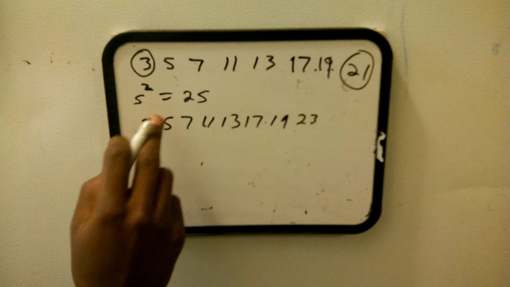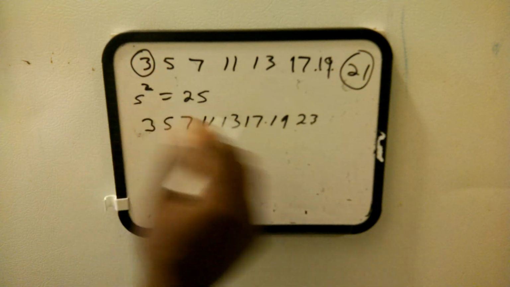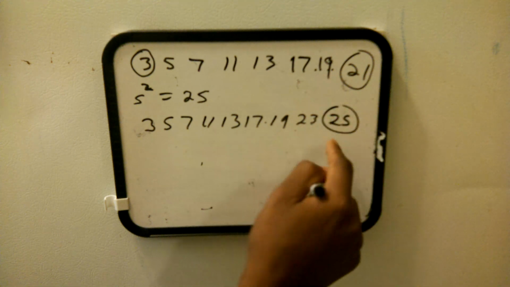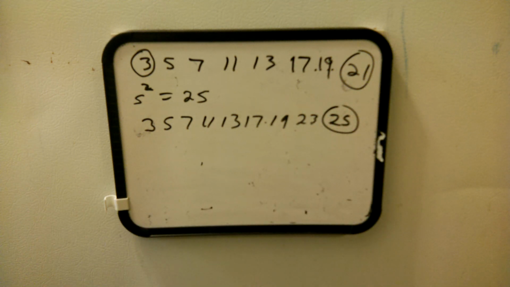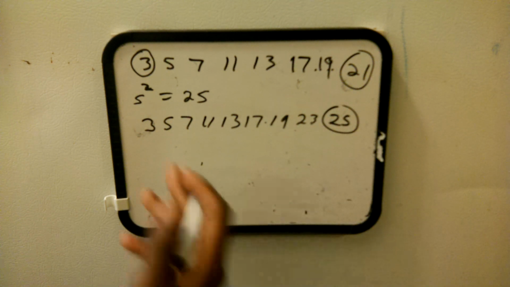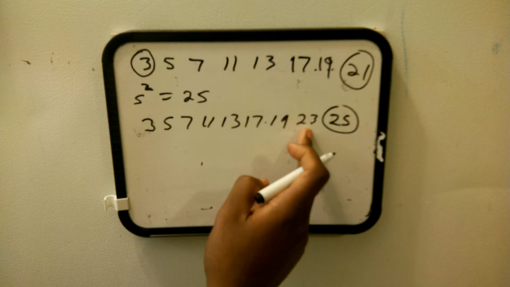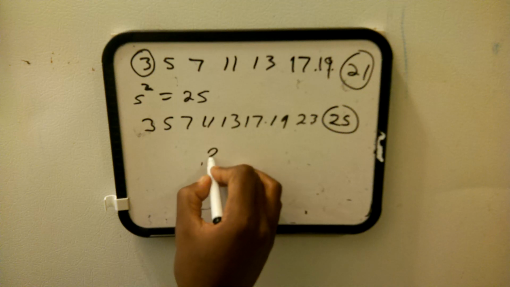And we know that 25 is the next one because it's squared. So automatically, we know that's going to be the next non-prime number. But we want to find the next prime number, okay? Let's do 23. Find the square root of 23.